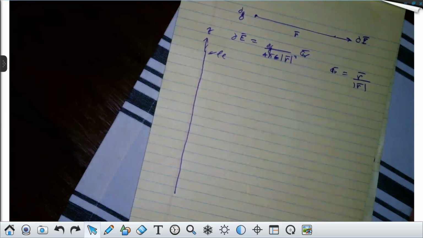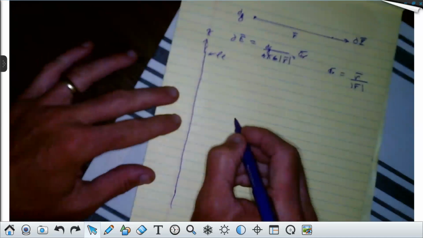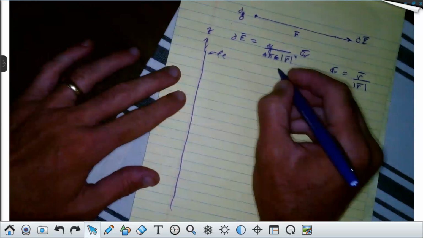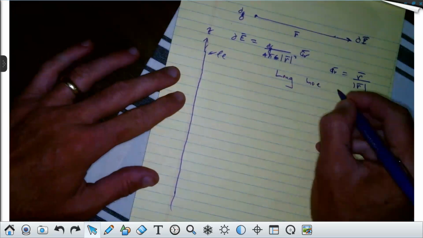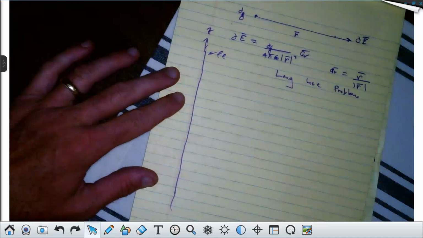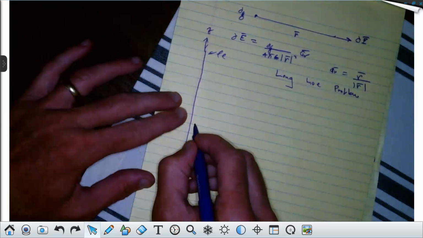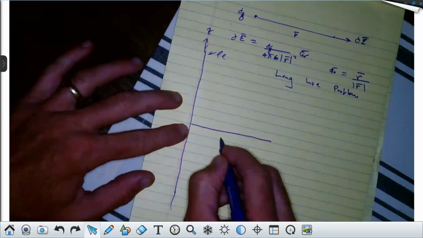This is just a classic problem. And it's infinitely long. In the book, this is the long wire problem. Just a long wire with a given rho L on it. It doesn't matter where I take this point, but I'm going to come out a perpendicular distance rho.